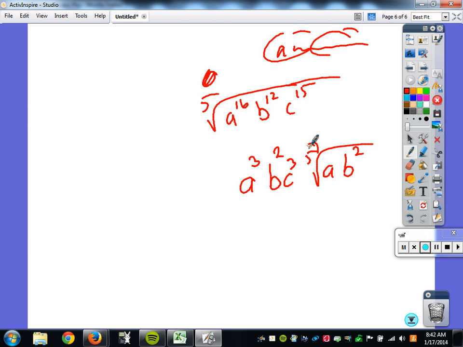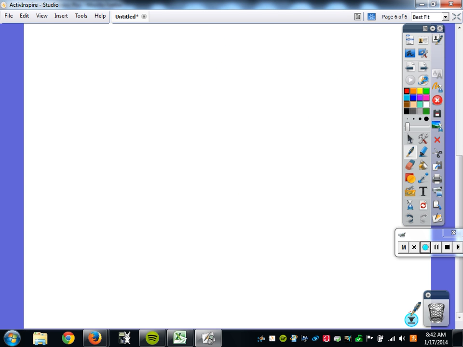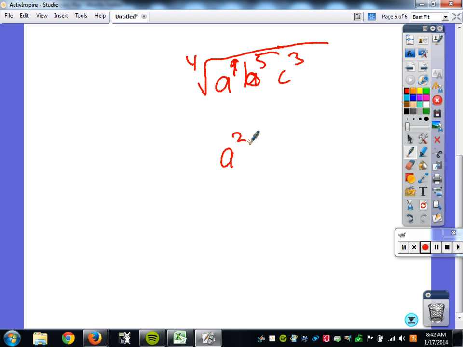Okay, scrolling down. So let's try this one more time. So I have the 4th root, and I have a to the 9th, b to the 5th, and c cubed. Okay? How many a's get to come out? 2 with 1 left over.